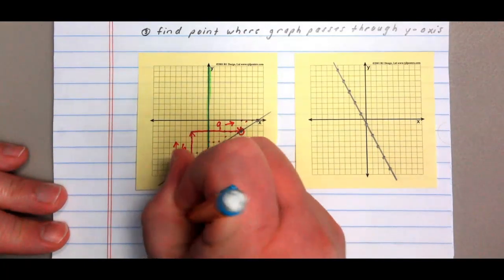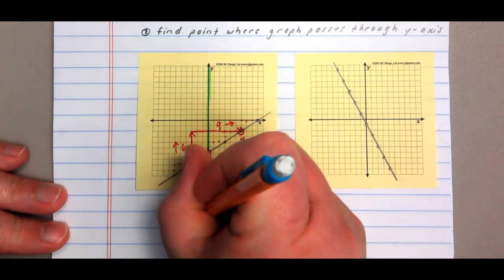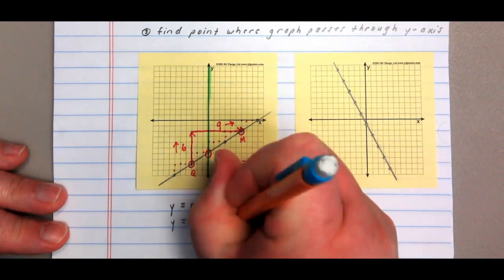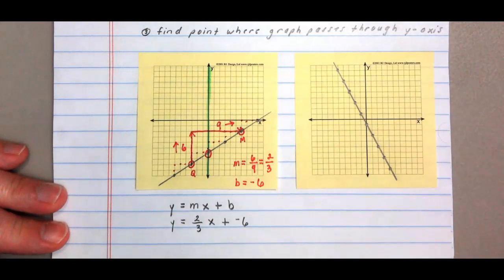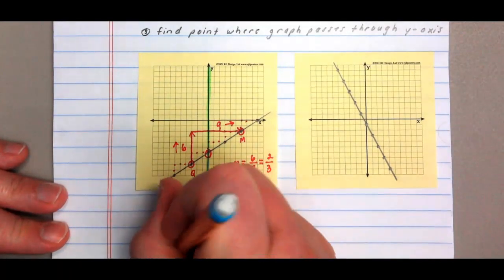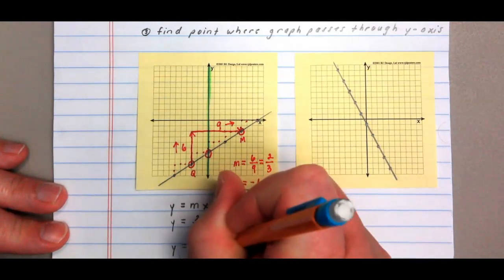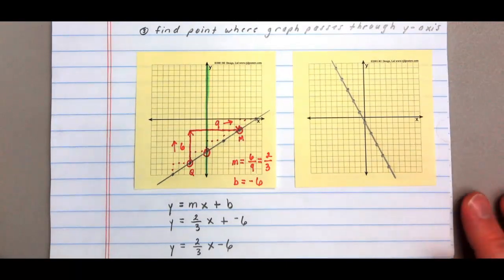So y equals, instead of m, we're going to write 2/3 x plus b, which is -6. And instead of writing the plus and negative, we could just clean it up by writing y equals 2/3 x minus 6. That would be the official equation there.